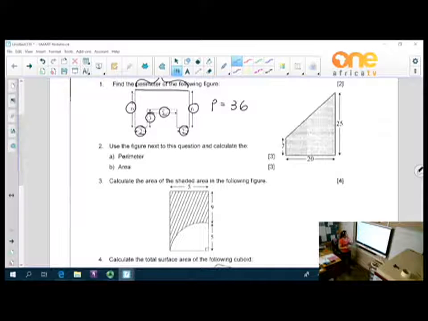Use the figure next to this question and calculate the perimeter for A and for B the area. So let's calculate the perimeter. Remember, it is this figure.